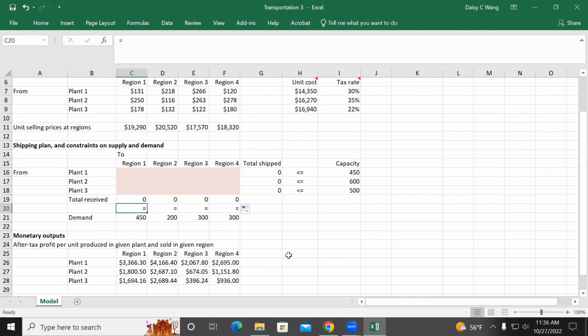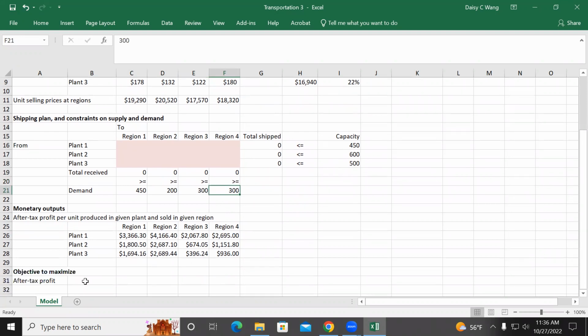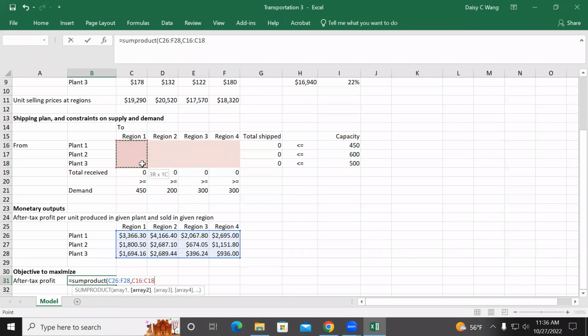So instead of greater equal, we'll just put equal. I'll show you the difference. Let me do greater equal first, and you guys don't do it. I'll do greater equal and then show you the difference, and you can go ahead and do the equal. And then the after-tax profit will be the sum product of this. This is the net profit, after-tax profit from each plan to each region.